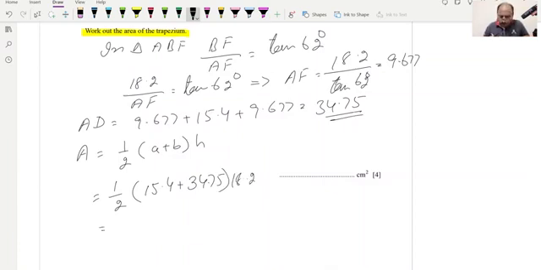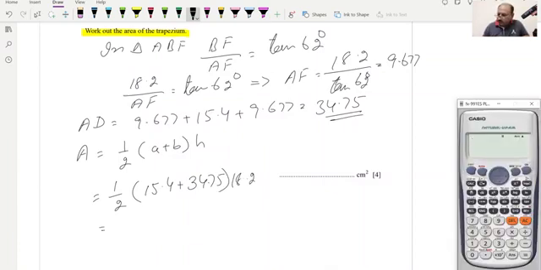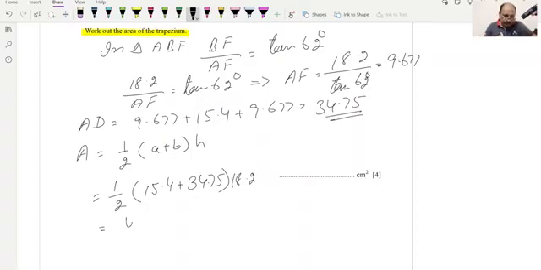We can calculate this: 0.5 into (15.4 plus 34.75) multiplied by 18.2, and this is equal to 456.365.